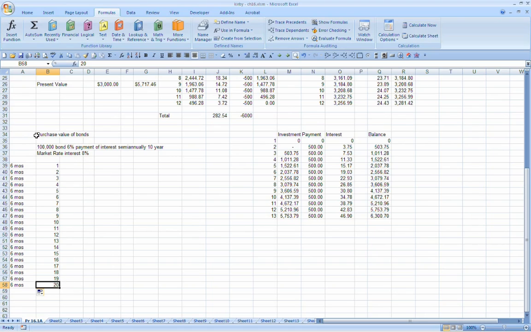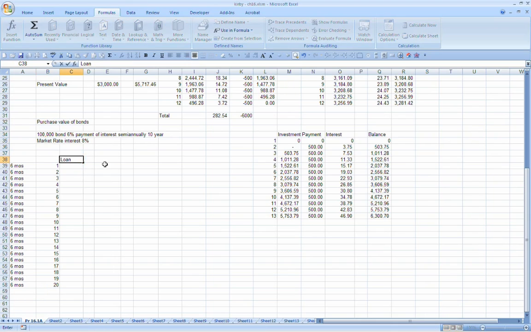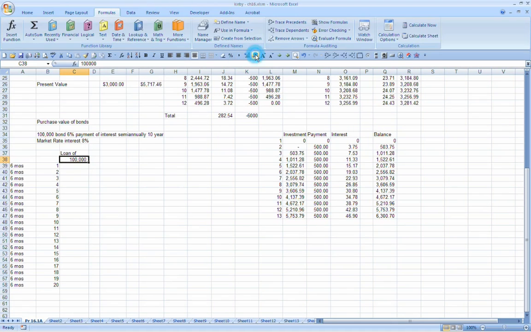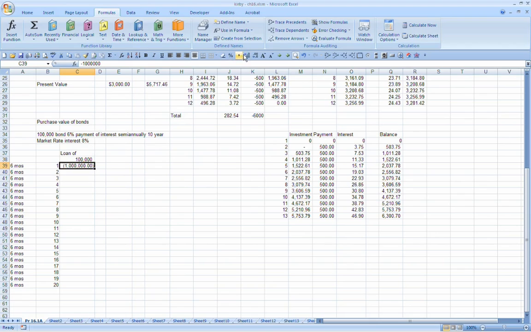So you have a couple of things that go on here. You have a loan of the 100,000. So if you are the lender, if you buy the bond from company, let's call it Xerox, you're giving up $100,000 today, not $1 million.